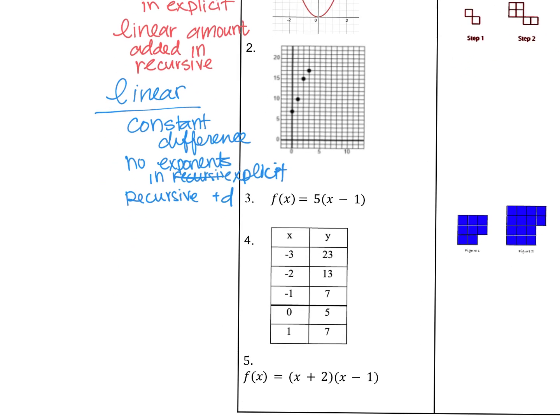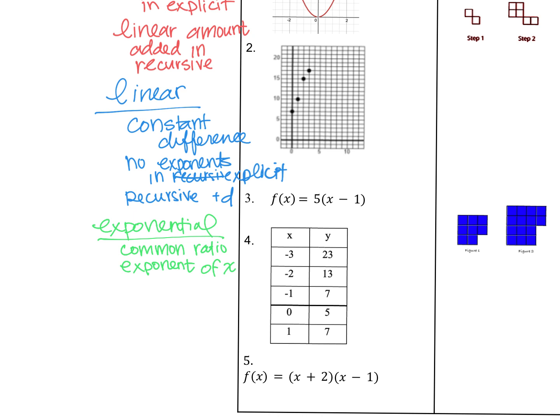The exponential has a common ratio, which means it's multiplying. And it does have an exponent, and it's x.